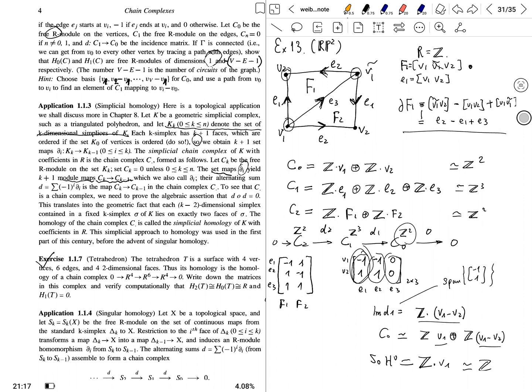Okay. For H1, you have to compute the kernel of D1 modulo the image of D2. Let's first look at D2.